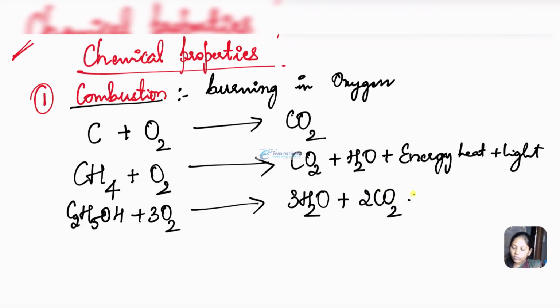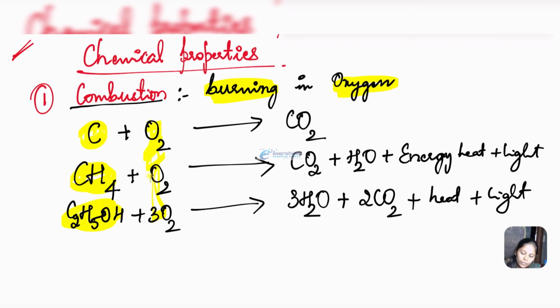Okay, remember combustion. Combustion means burning. What do we burn? Carbon compounds. What carbon compounds have I taken here? Carbon, methane, alcohol. These three are carbon compounds because they have carbon in them.